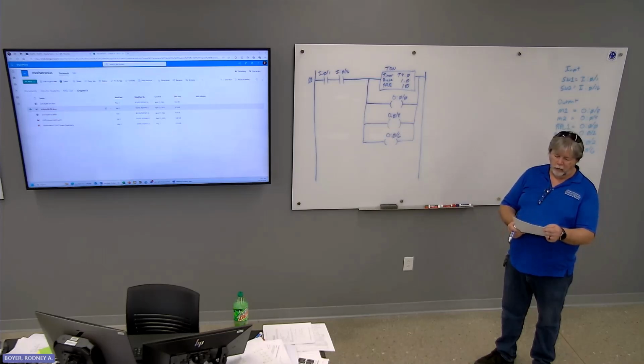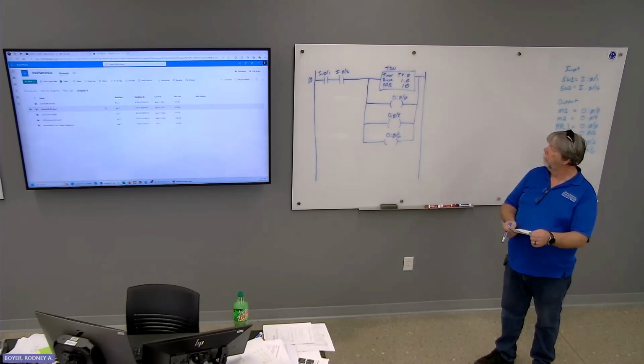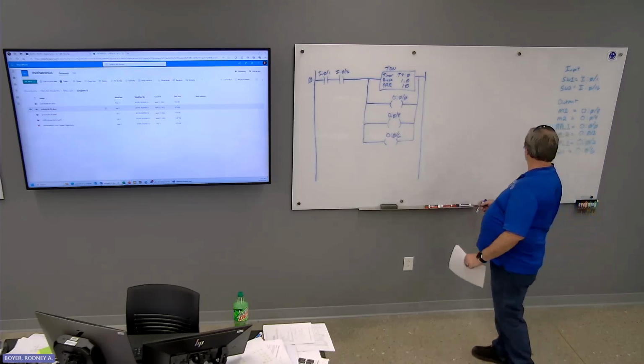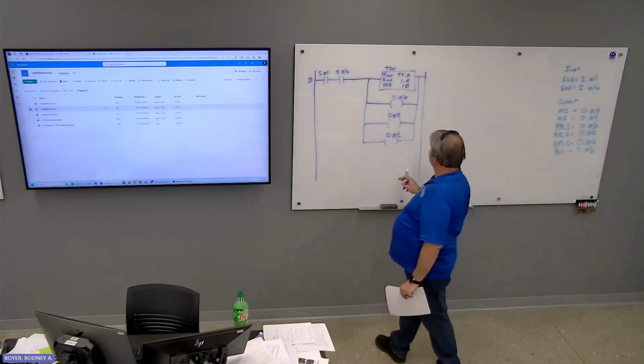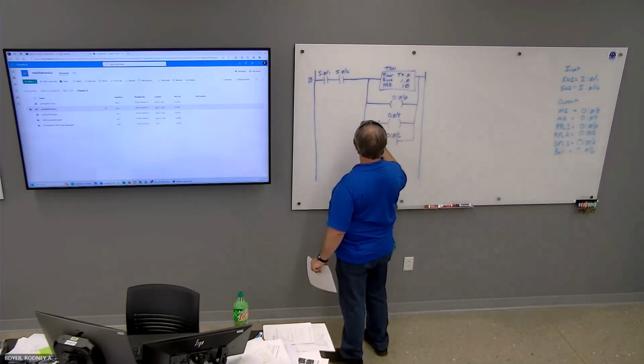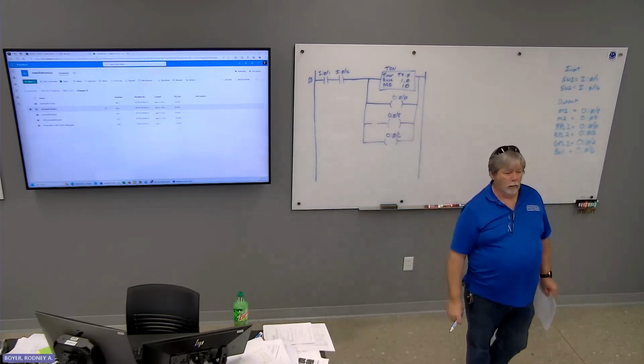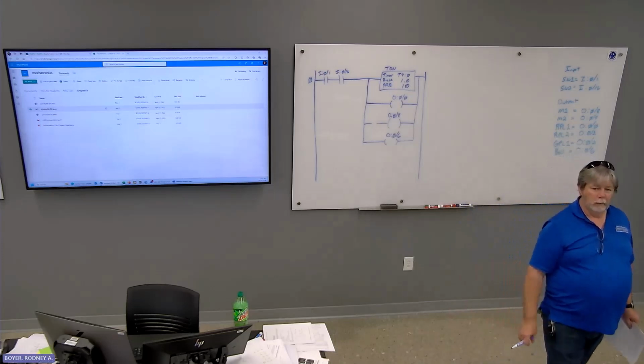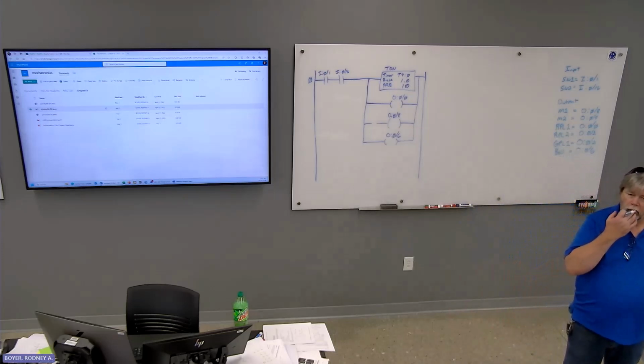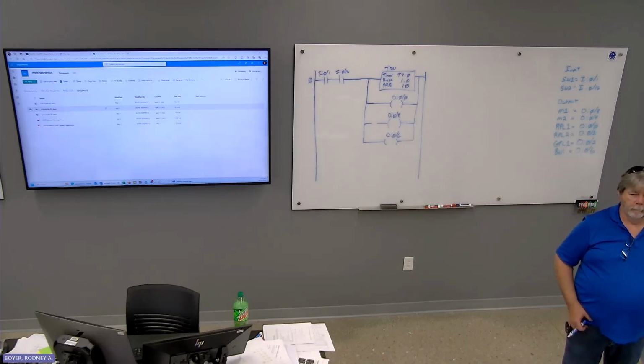After 10 seconds, motor one is going to stop. Okay, motor one is output 0, 8. So how am I going to stop motor one after 10 seconds? One of those switches?